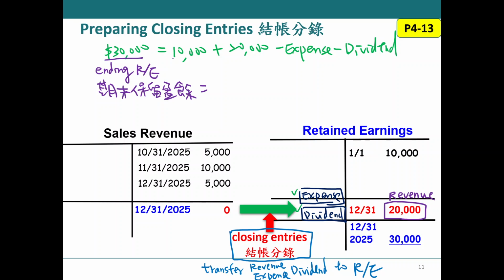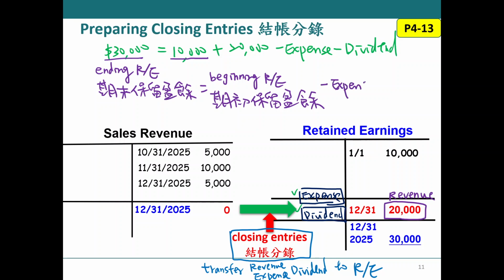is what? $10,000 is on the first day, right? So it's beginning retained earnings, 期初保留盈余, then minus expenses, minus dividends.